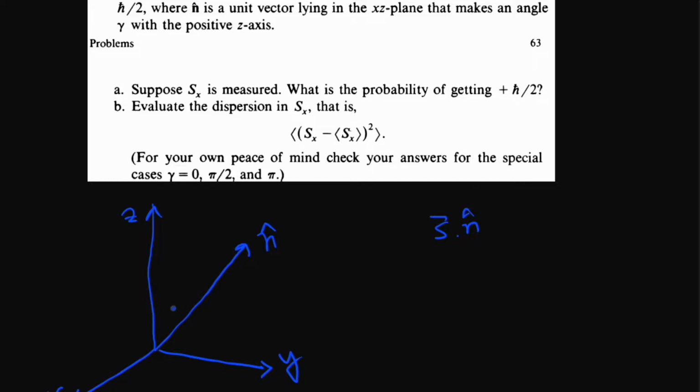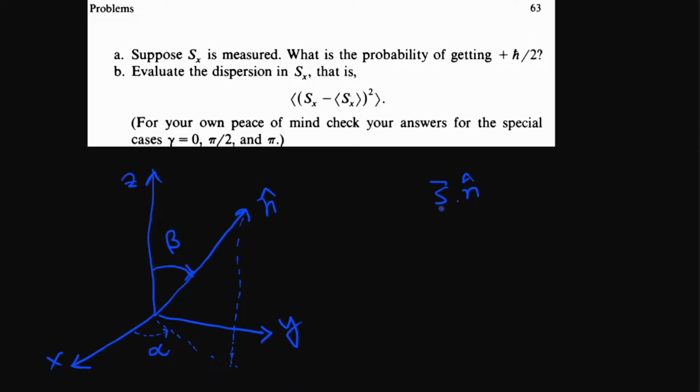The angle between z and n cap is beta, and if we project this vector on the xy plane, the projection makes an angle alpha. We saw in the previous problem that the eigenstate of this operator is cos beta by 2 plus ket plus sin beta by 2 e to the power i alpha minus ket.